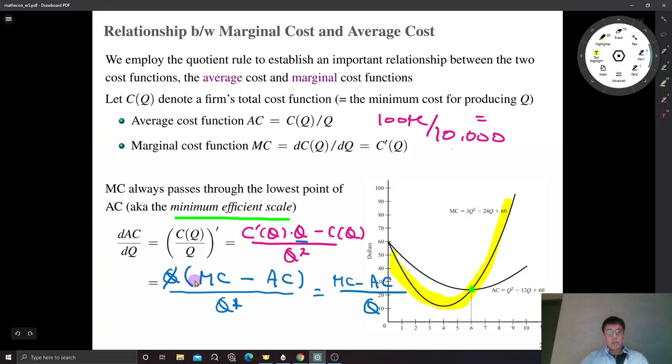The sign of the denominator is always positive. This stands for quantity produced, so this is always positive, meaning that the derivative of AC will be positive whenever MC is higher than AC. So dAC over dQ will be positive if and only if MC is higher than AC.